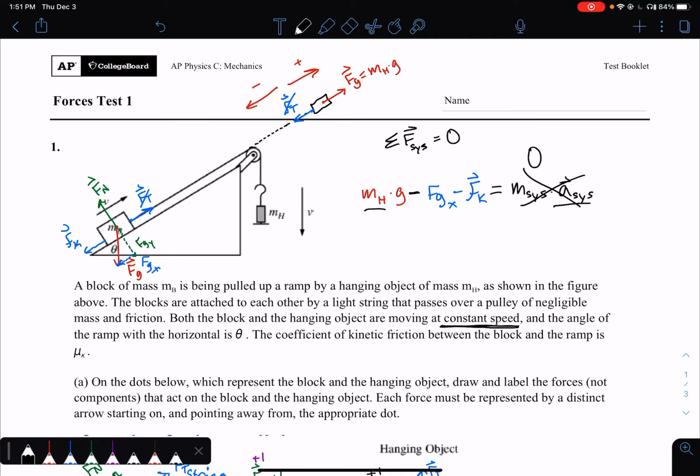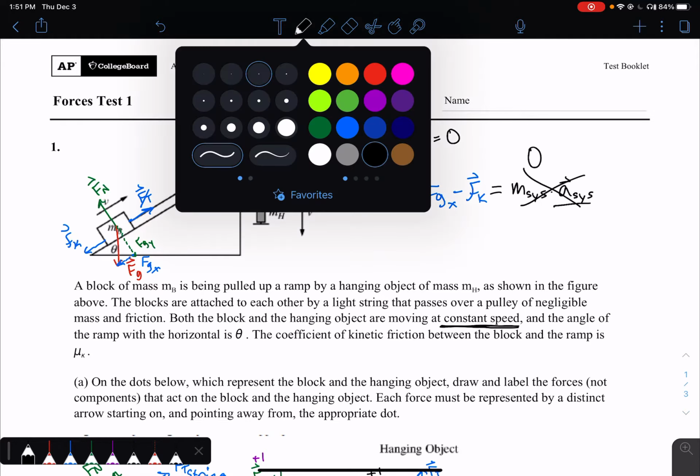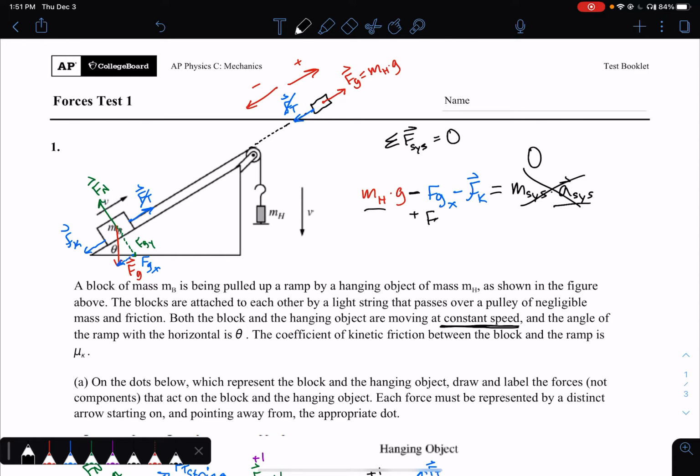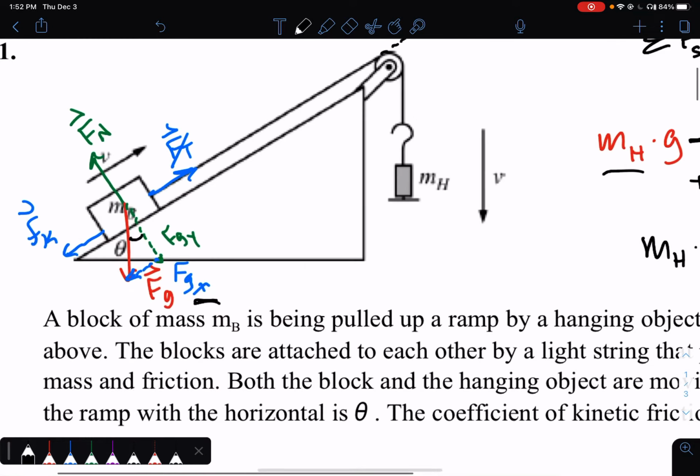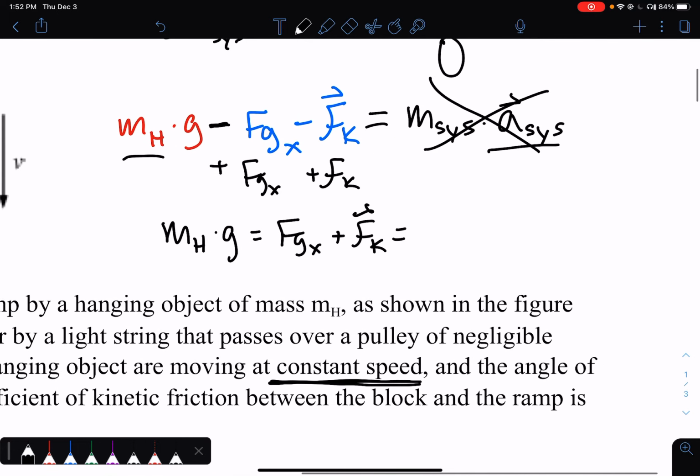So solving for m_H, we just need to add these terms over to the other side. m_H g is equal to F_gx for our block and F_k, the kinetic friction. F_gx is the opposite to our angle theta, so we'll use sine.